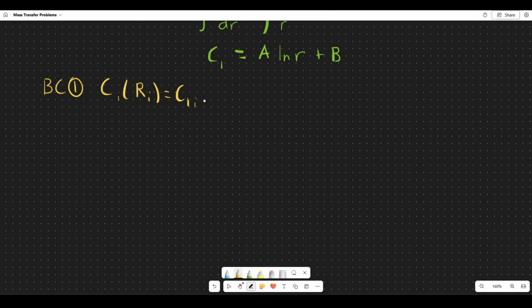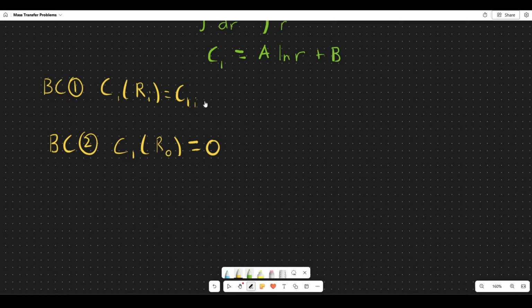But in order to solve for the constants, it's always easier when you have a homogeneous boundary condition. What does homogeneous mean? It's when one of the boundary conditions equals 0. Because what that means is now you can eliminate a whole term. And so it might be more useful in this case to apply boundary condition 2, which is C1 at r naught, the bigger outer radius, is 0.